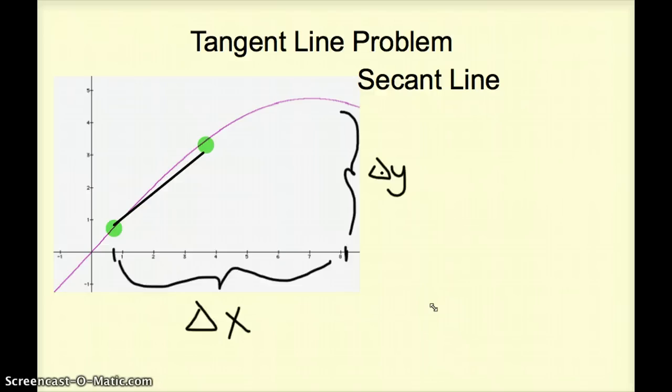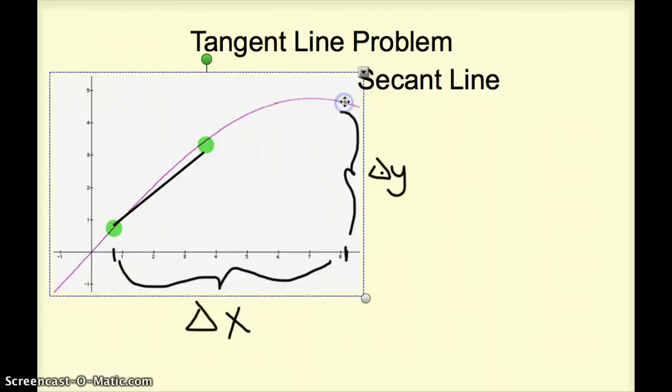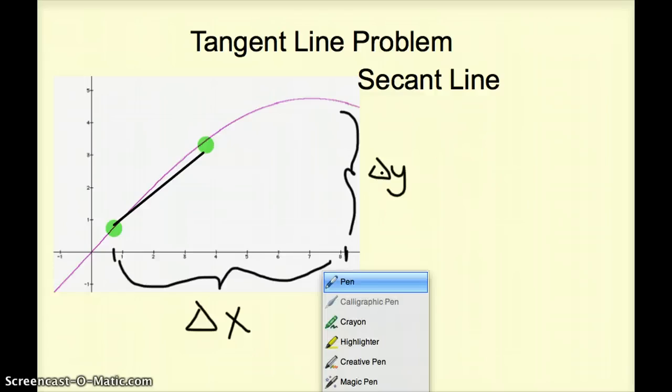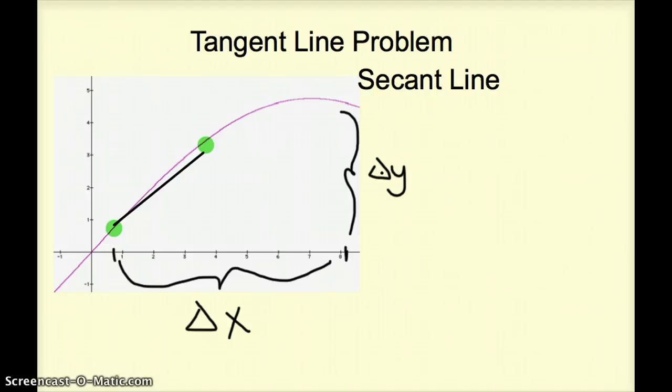Well, as you can see, I used to be at about here, and when my line was connected there, I had a different slope to this line. However, as I get closer, the slope of the line tends to change.